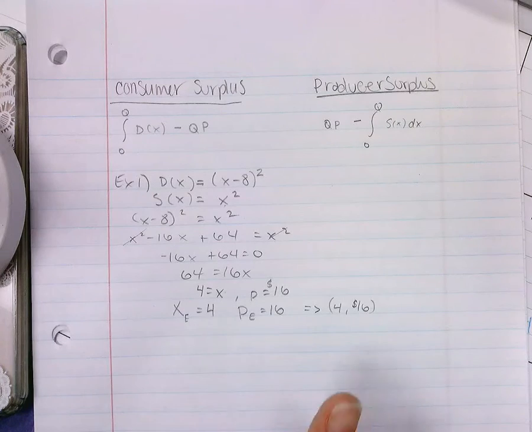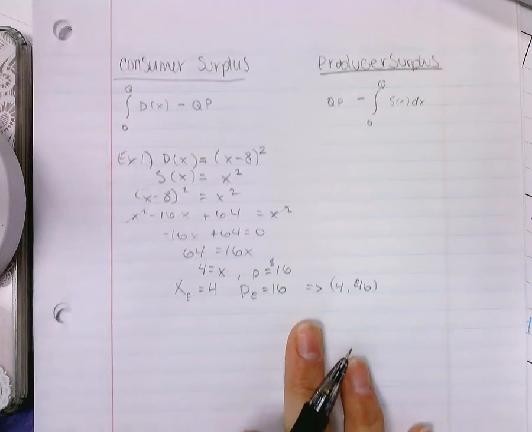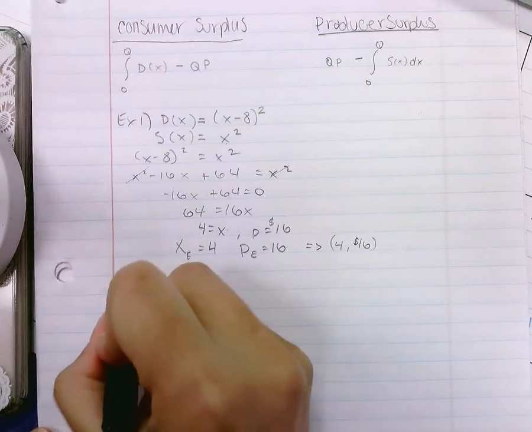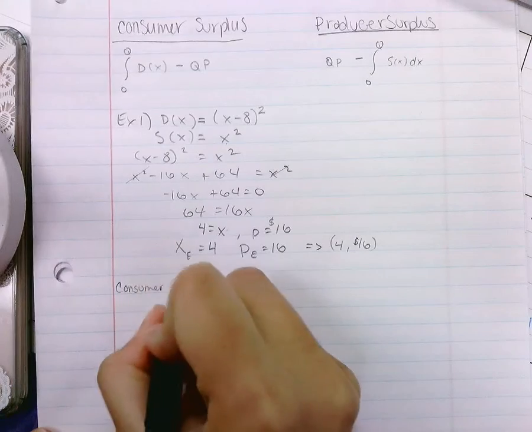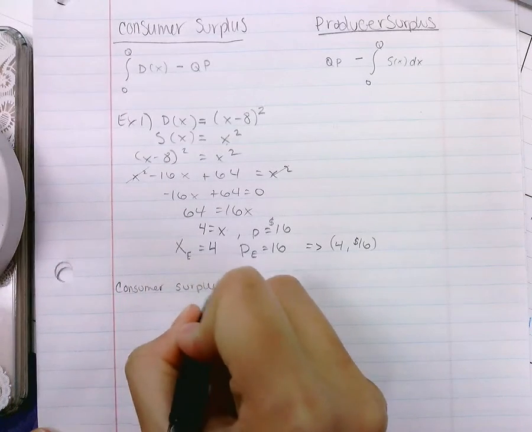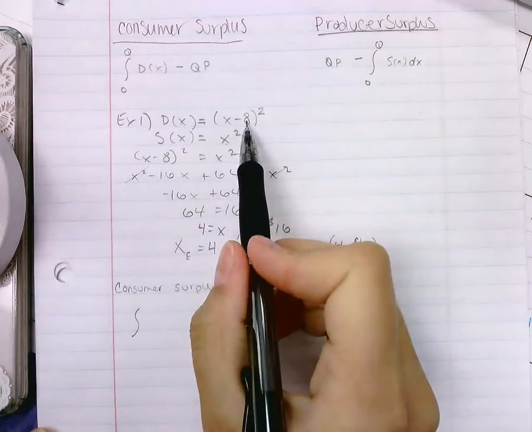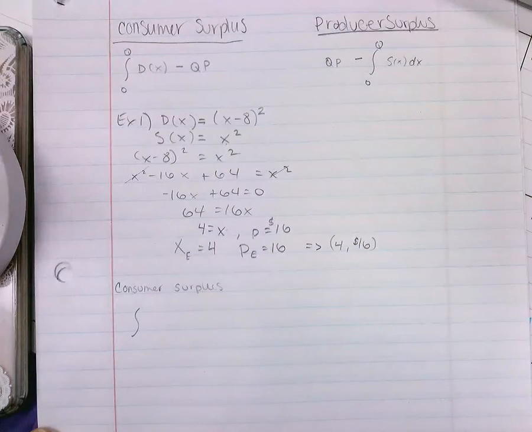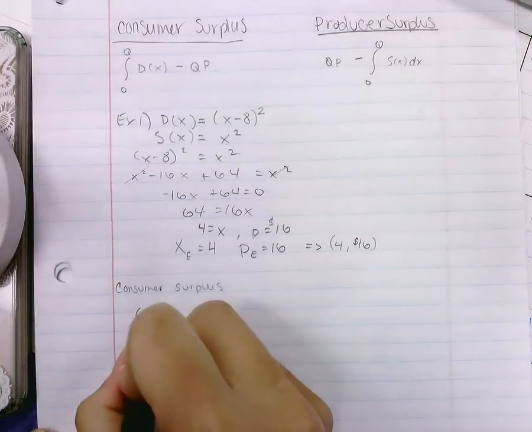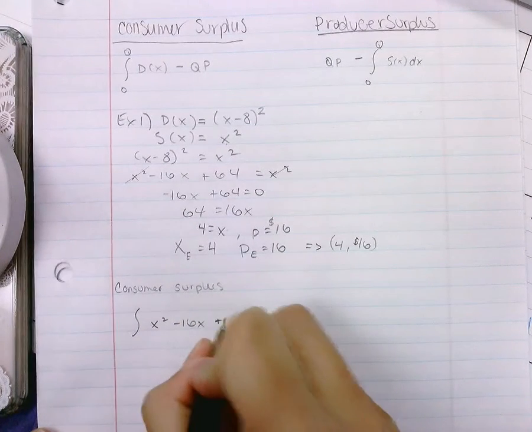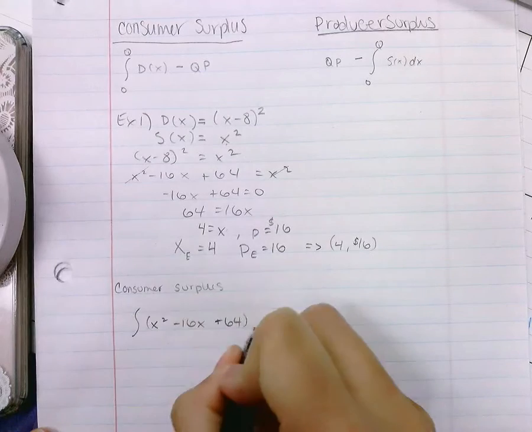Anywho, so after you find the equilibrium point, to find the consumer and producer surplus at that point, then you start plugging stuff in. So, to find consumer surplus, you're going to integrate the demand curve. So this is the demand curve. My recommendation is to expand that, because if you don't, technically, in order to integrate it, you would need U substitution.